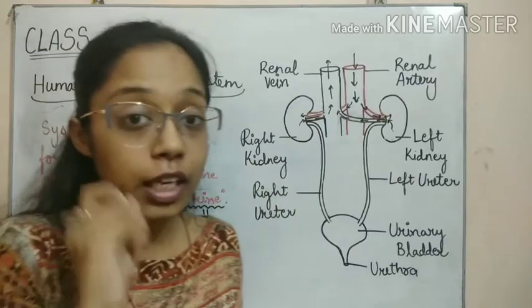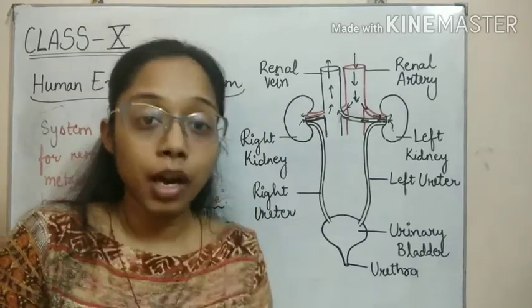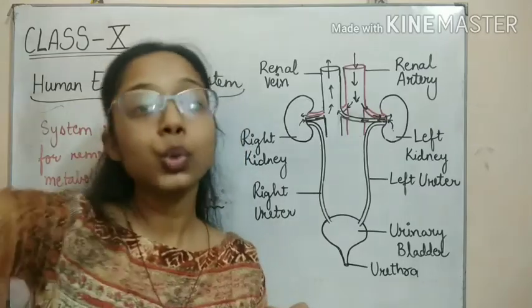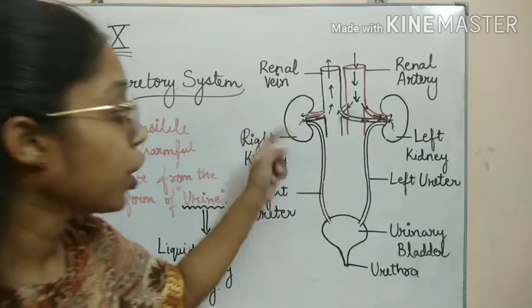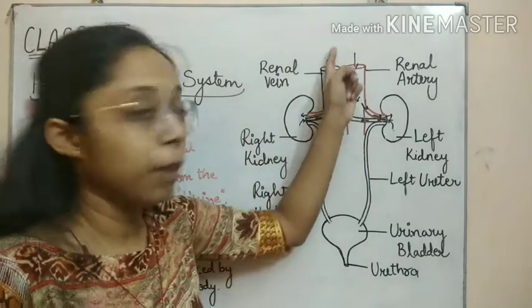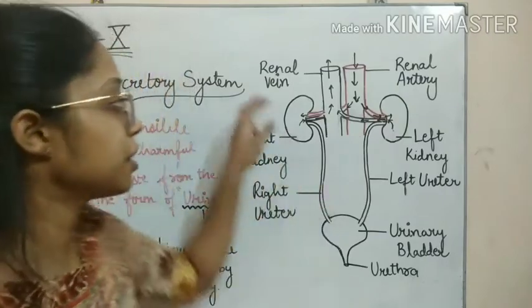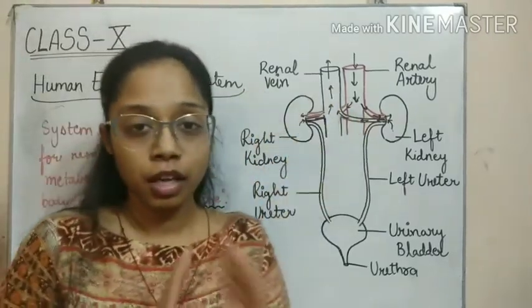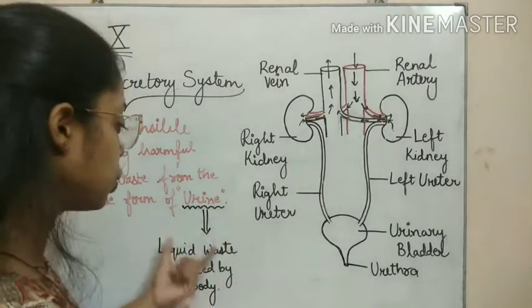The vein is that blood vessel which carries blood from the body part to the heart. That is why it is called a vein, though now it is carrying clean blood. So don't get confused that it is a vein but it is carrying clean blood. I have told this. Now let's see how this urine is formed.